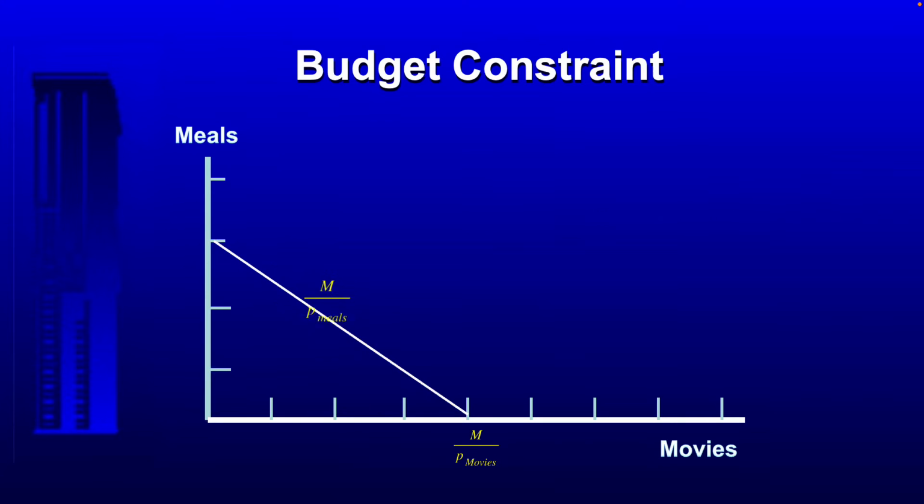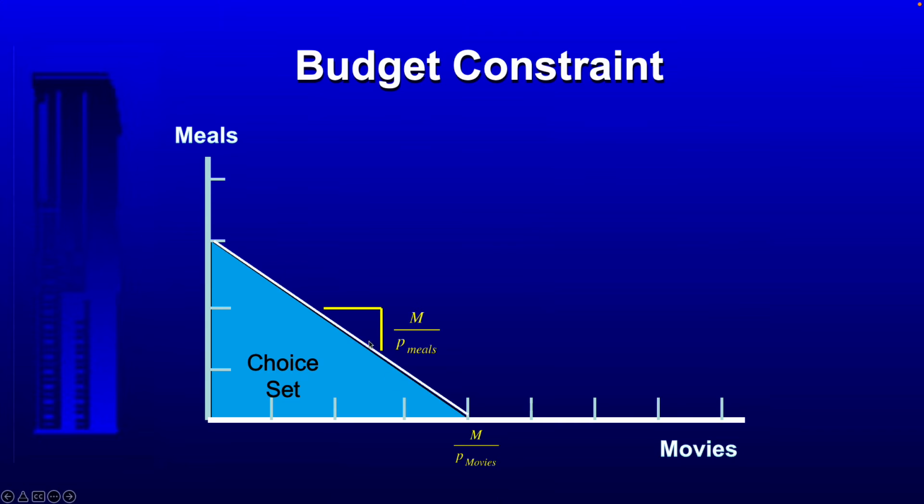We'll notice that the rise, the vertical axis representing meals, is going to be measured in terms of money divided by meals, whereas the run, or the horizontal, is going to be M divided by movies.